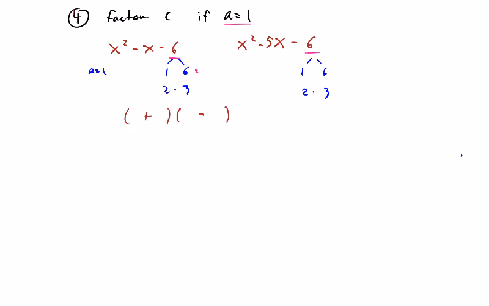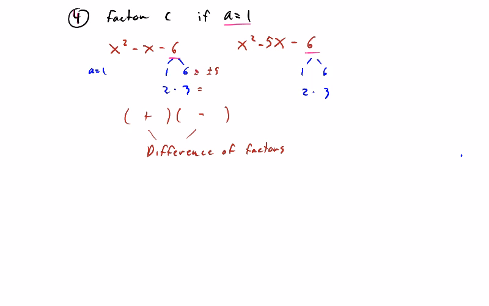So right away, as soon as I see that we have a sum and a difference, we're looking at the difference of factors. Because we have a negative c term, the difference of factors is what matters. If we look at this, we could get a plus or minus 5 out of 1 and 6.